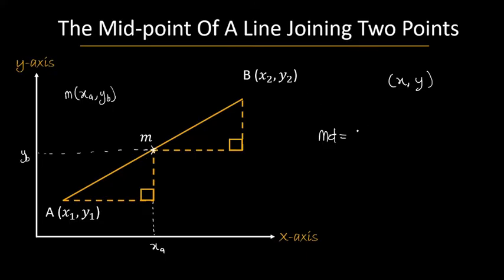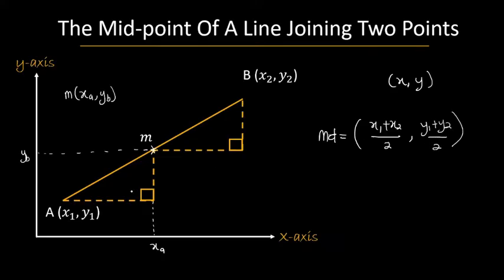So the midpoint is equal to, in brackets, x1 plus x2 divided by 2, which means you add these 2 points, x1 and x2, and then you find half of it, so it becomes x1 plus x2 on 2, comma, then you have y1 plus y2 on 2.